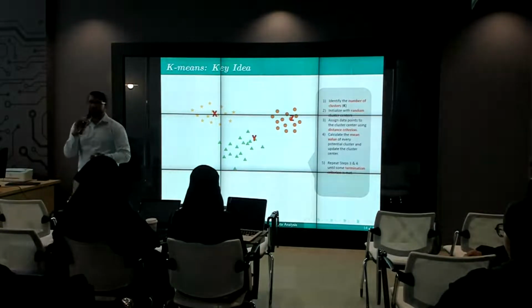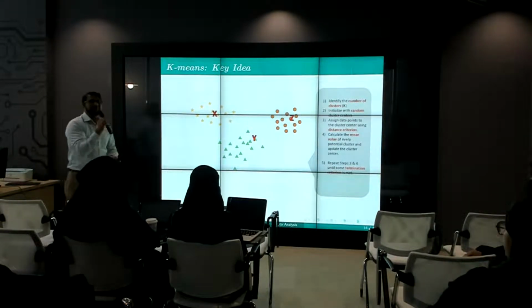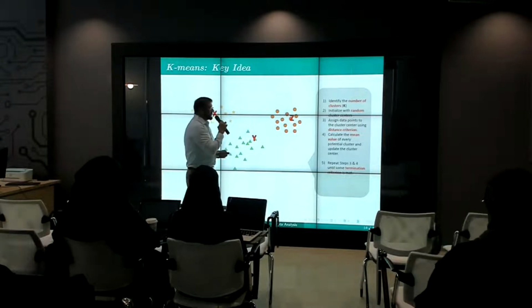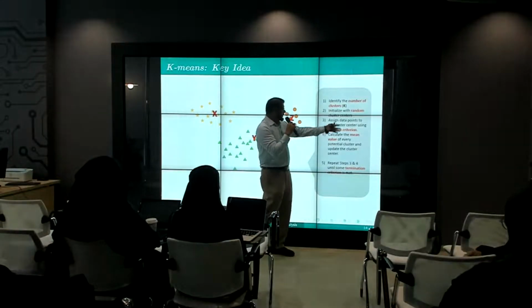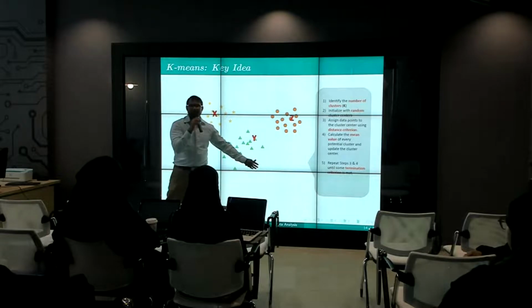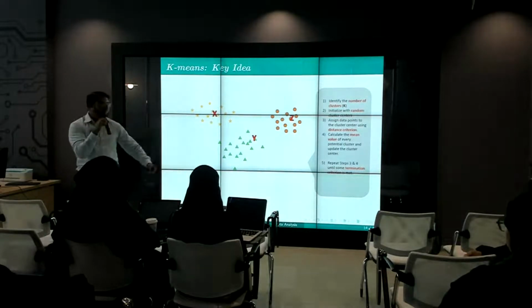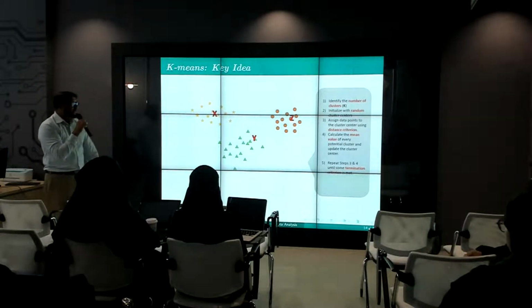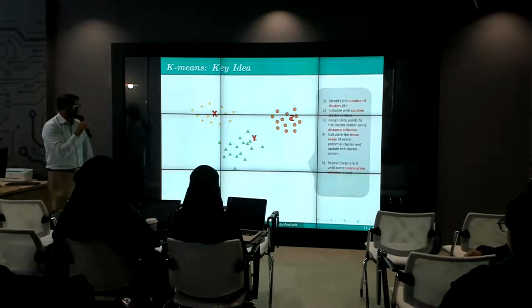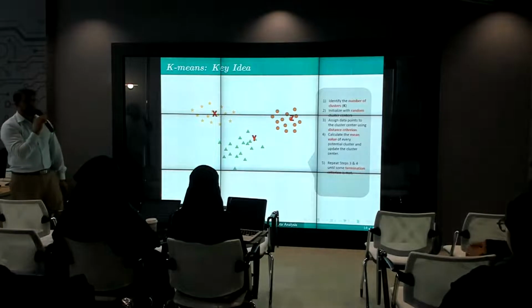And if you use the median, what you have is k-medians, a different class of algorithm altogether. And then the termination criteria. We'll see some of the measures later on to find the termination criteria. So this is more or less all the basics that we have for the k-means algorithm.